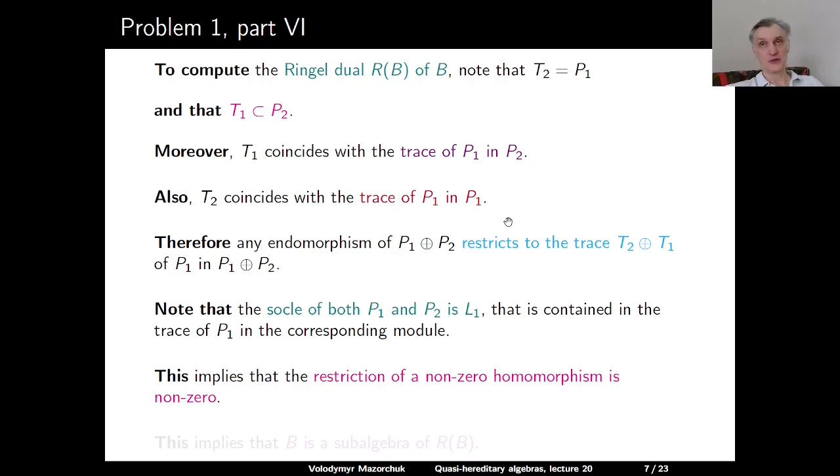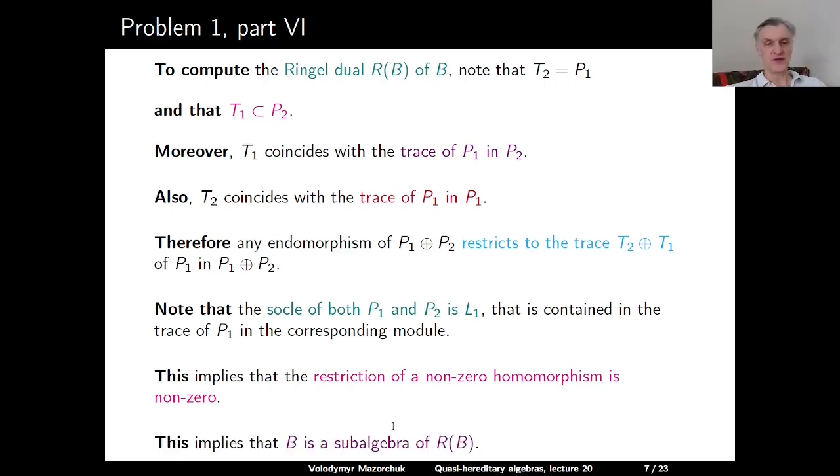A homomorphism is non-zero if and only if its image is non-zero, but then the image must contain something in the socle, and if the socle is simple and intersects the trace, this means that our image will belong to the trace. So the restriction of a non-zero homomorphism is non-zero.